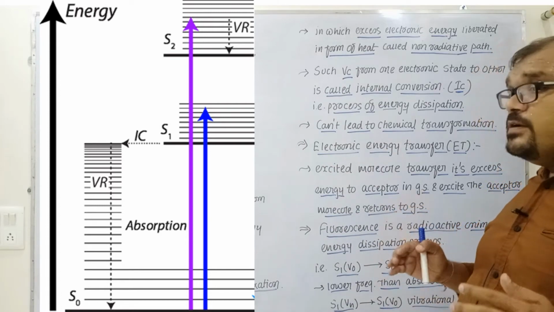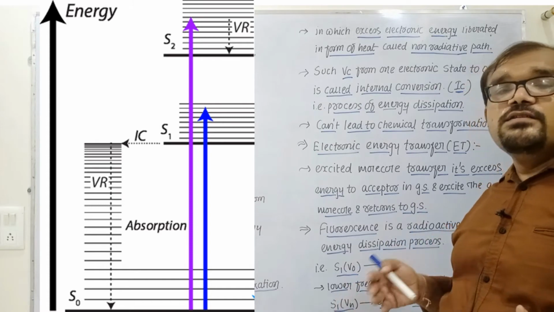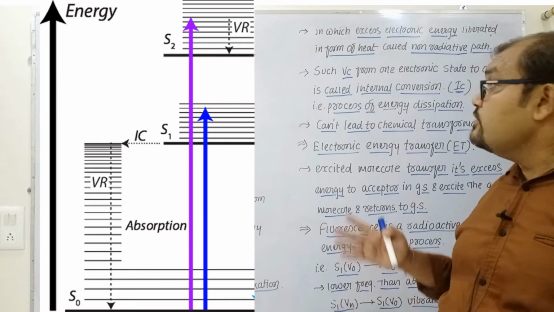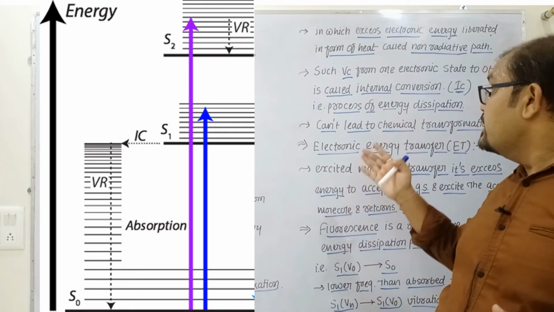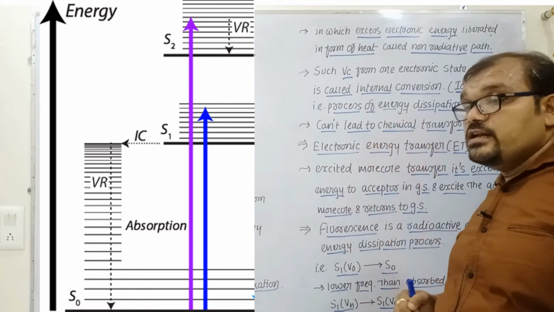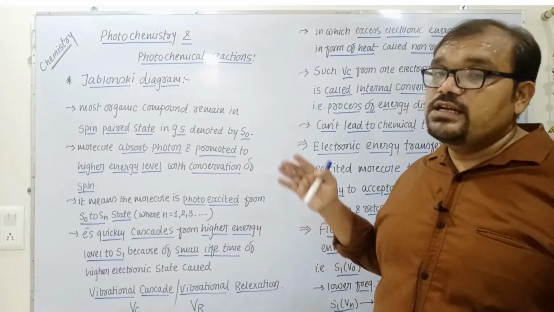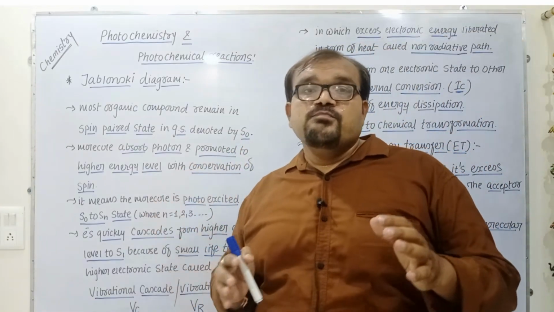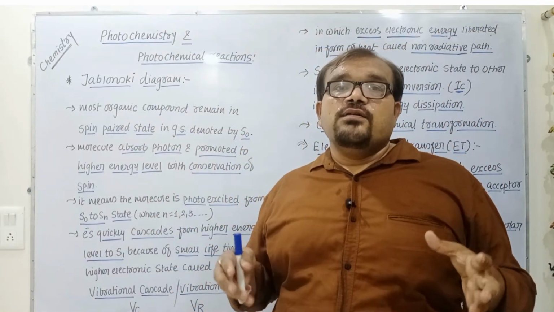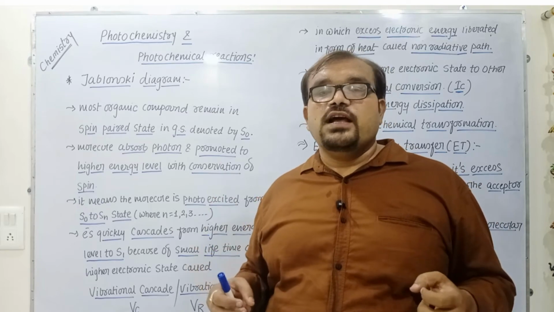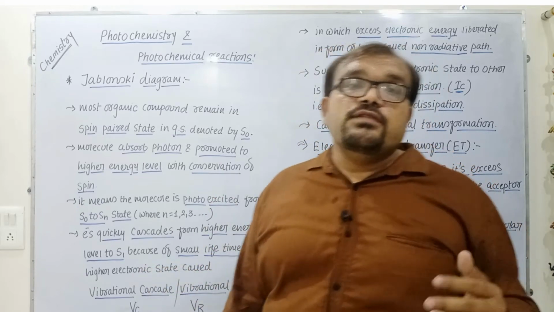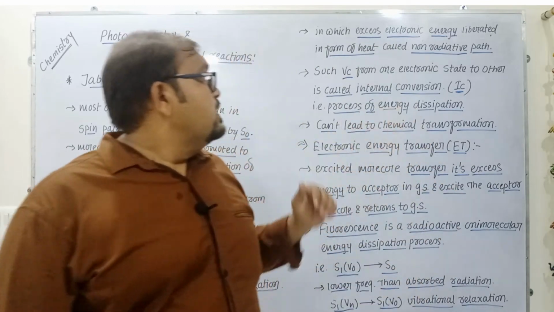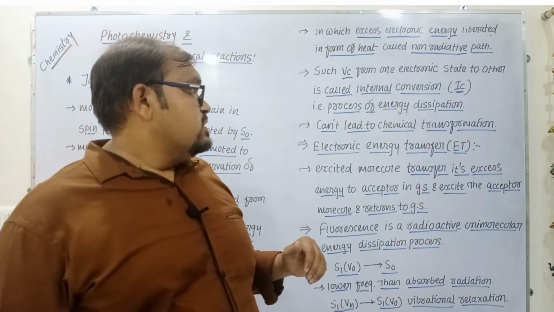Then again, this internal conversion is one kind of energy dissipation process and can't lead to chemical transformation, as we have discussed earlier that here the electrons are present for a very small period of time, having a small lifetime, so it will not undergo chemical transformation, right.